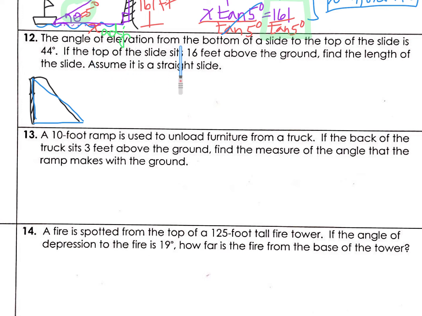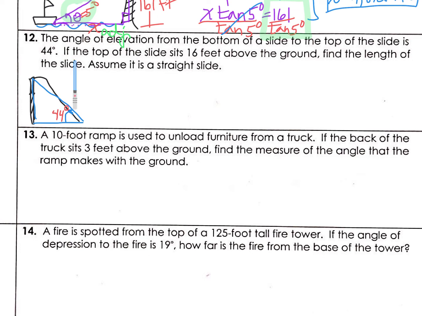And it says the angle of elevation from the bottom, so here's the bottom of the slide, to the top. So it's going from this baseline elevated to the slide itself. So it's going in this direction, right? So that's your angle of elevation. And they say it is 44 degrees. So here is your angle of reference right there.